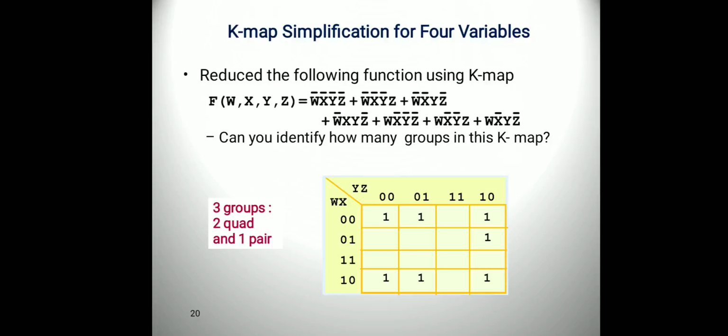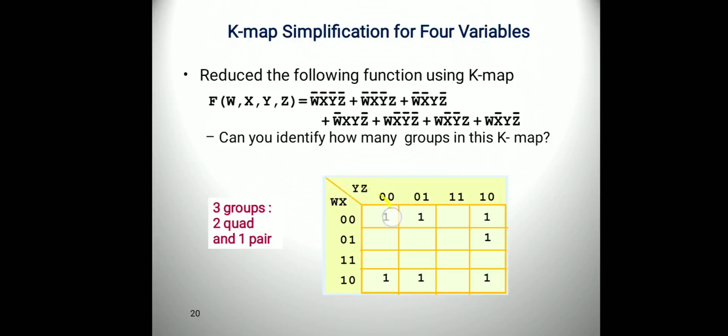How? See here, the two ones in the first row and these two ones in the last row are adjacent to each other. When we fold the K-map from here, these two ones overlap here, and this one overlaps on the last one. Means these two ones and these two ones form a group. These two ones are adjacent to each other, means one pair.